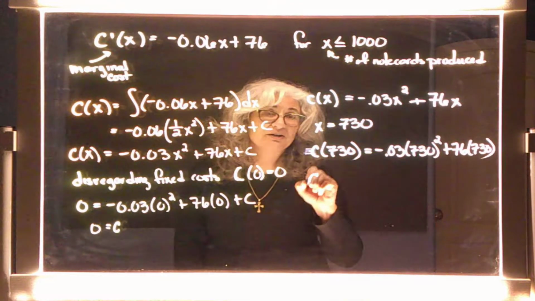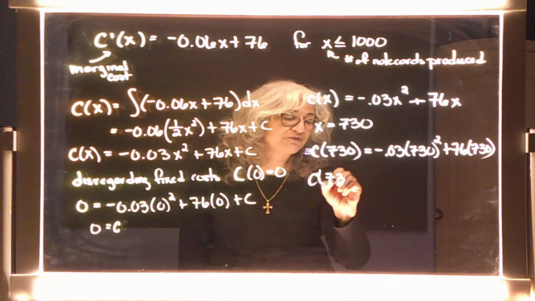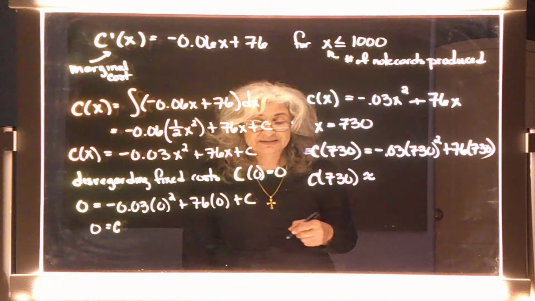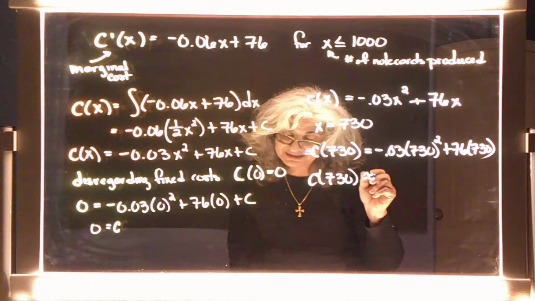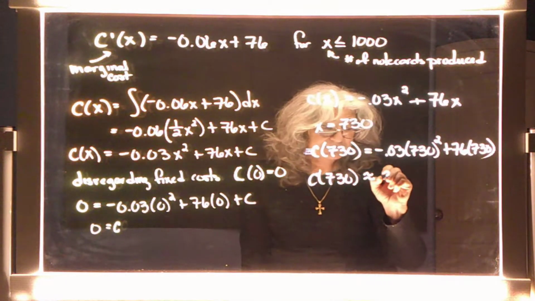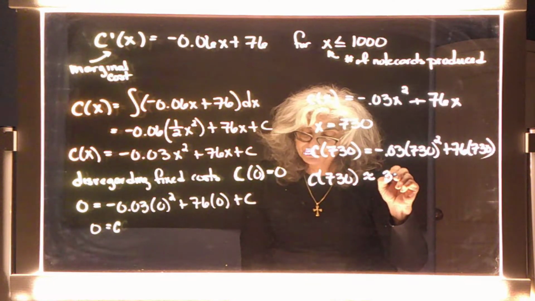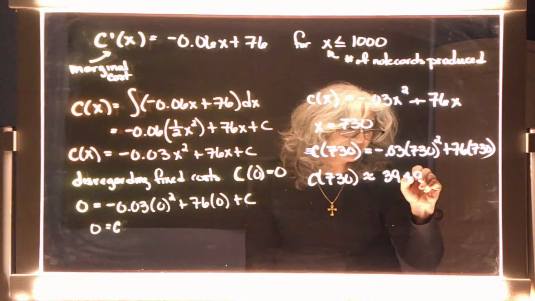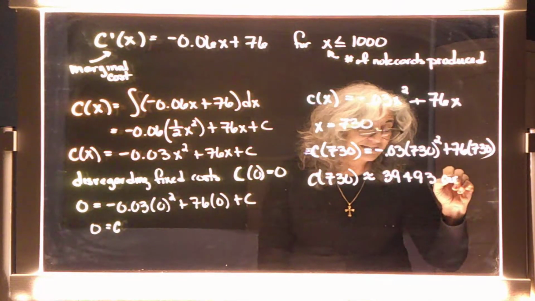Okay, what do your calculators give you when you do all your finger punching? And yes, they want you to round to the nearest cent. I ended up with 39,493 cents.